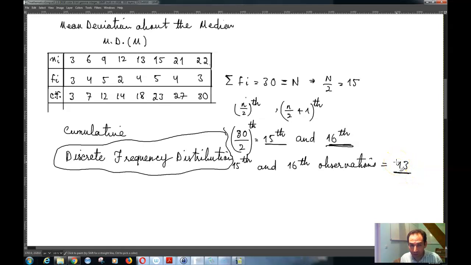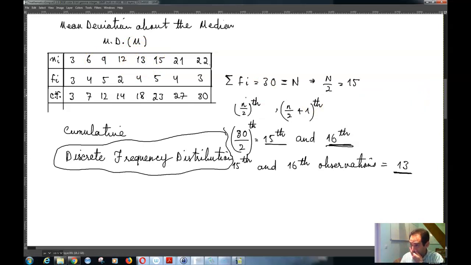If you paid attention, the first time that we kept adding these numbers up together, we got to the same column over here, and based on that we wrote that the 15th and 16th observations both would be the observation x of i equal to 13.